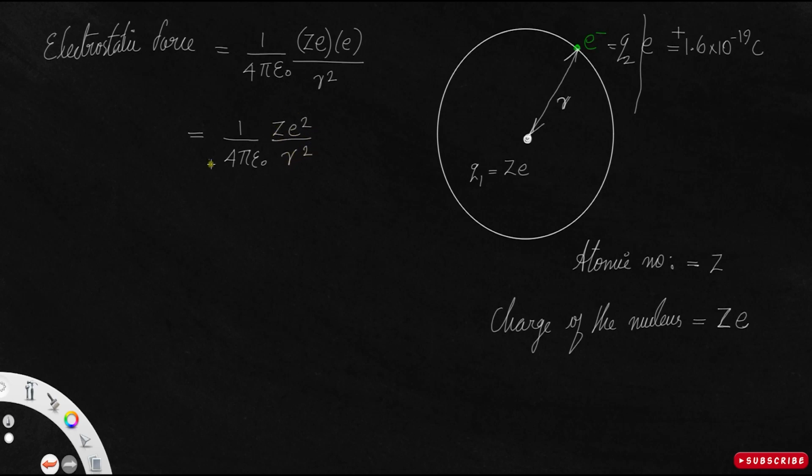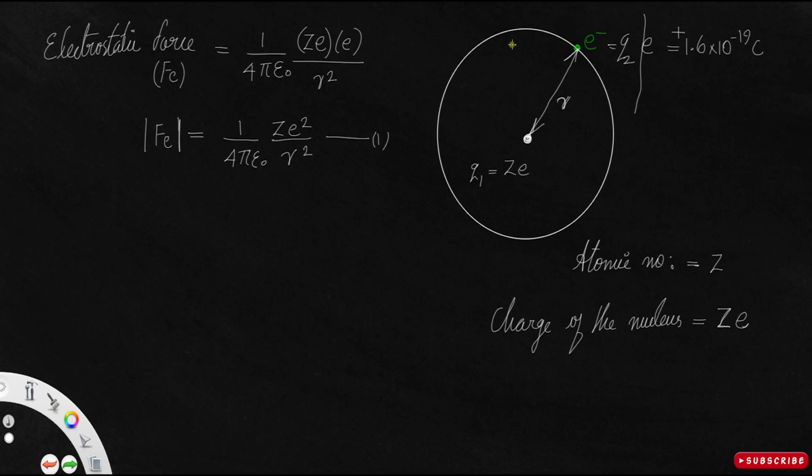This is only the magnitude of the force. If we represent Fe as the electrostatic force, we are only interested in finding the magnitude. I'm not considering the sign of the charge of the electron, because it is negative, but right now we only need the magnitude. So call this equation number 1.